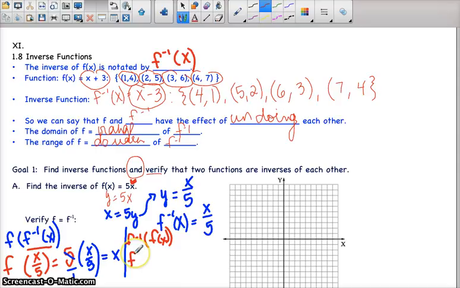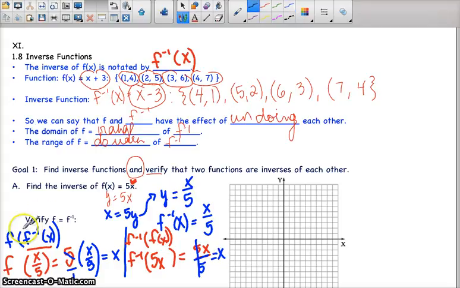So now, what becomes our input? 5x becomes our input. So we'll plug 5x into the x of the inverse function. That gives us 5x divided by 5. What does this reduce to? This also reduces to x.